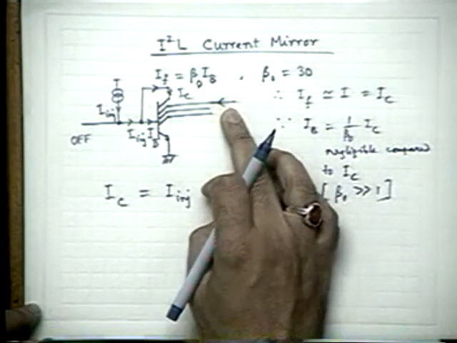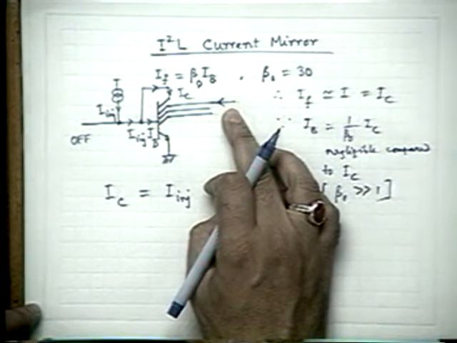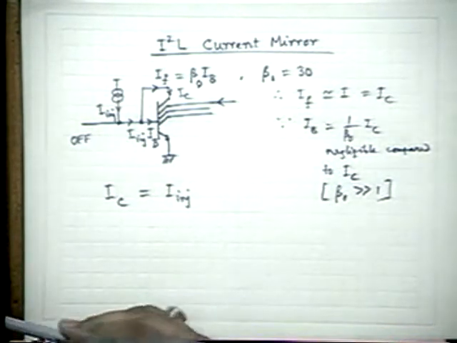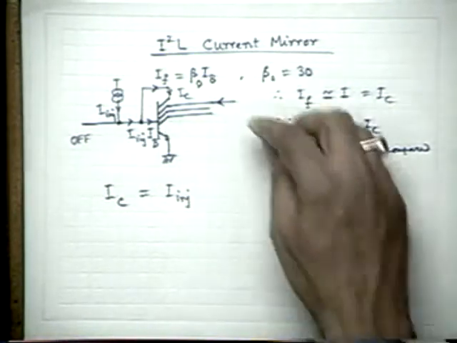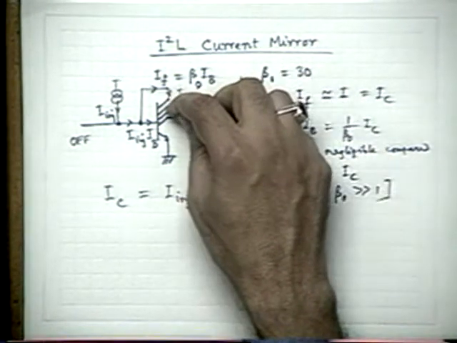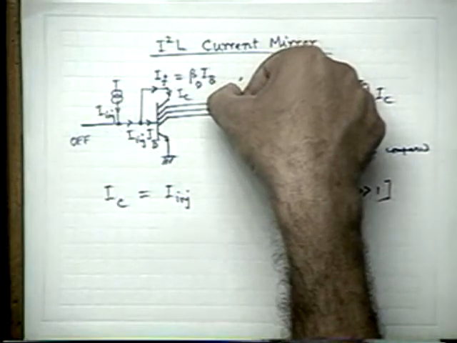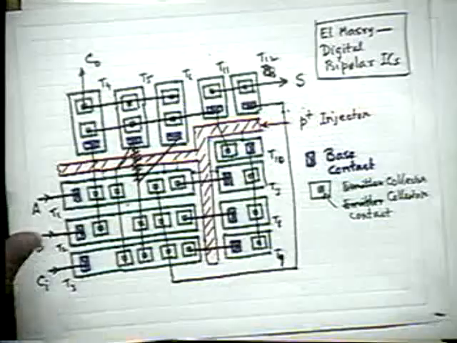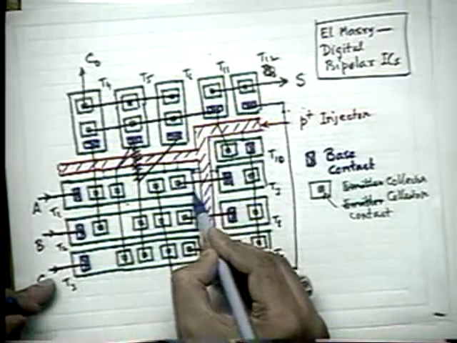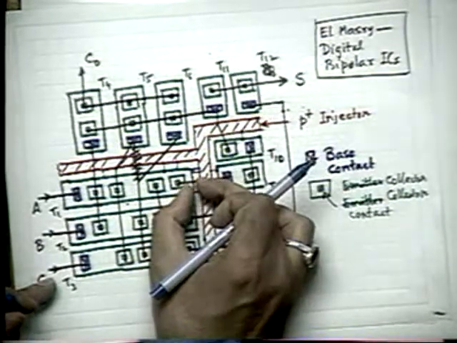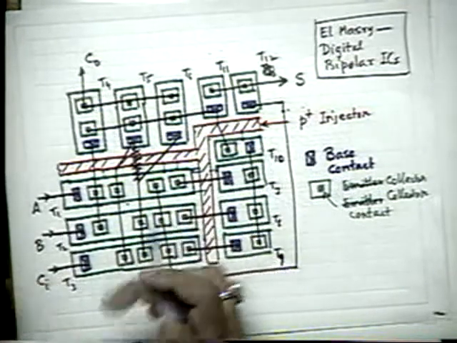Earlier also, whenever we speak of I square L, I say that this current will be I injector. Why is it I injector? Because the current source which I connect here can supply only I injector. That is how I have designed, you remember. I have designed all these things equal. This width and this separation are the same for all the transistors. Therefore, I injector will be the same for all the transistors. That is my design parameter.